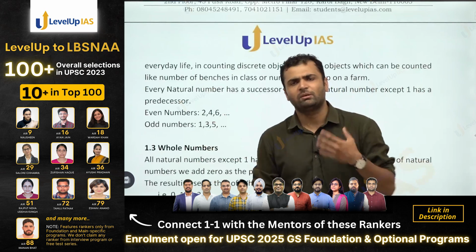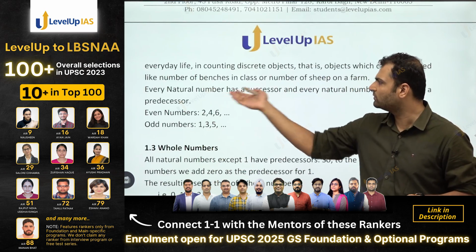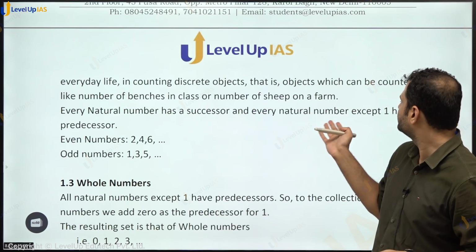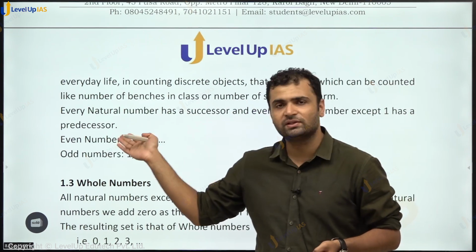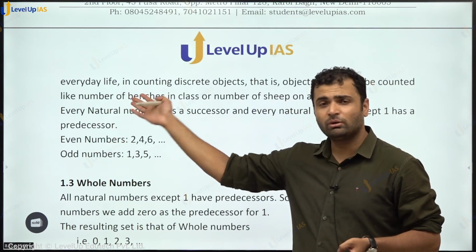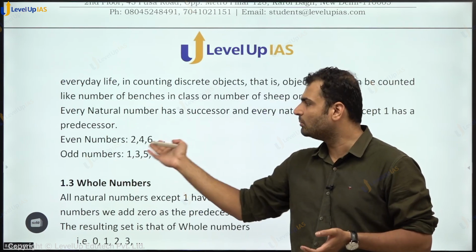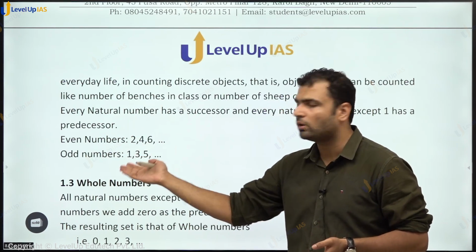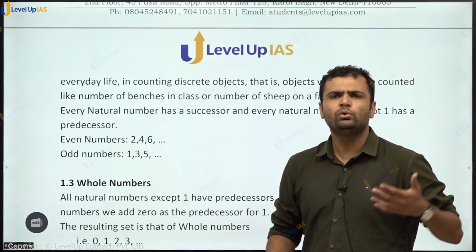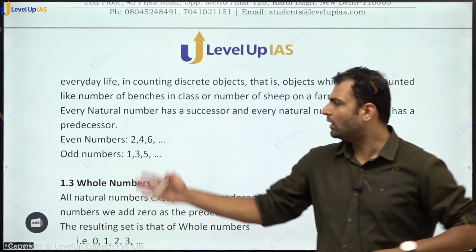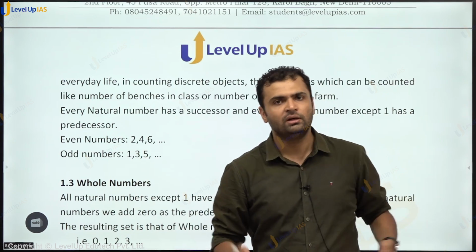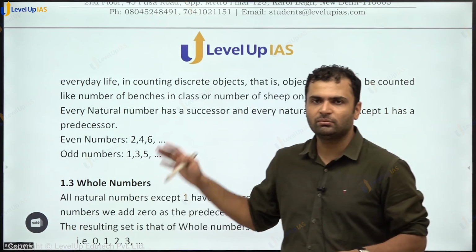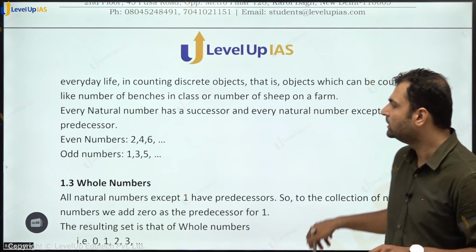The mathematical definition is that these are the numbers which have a successor, and except one, everything has a predecessor. Out of them we are familiar with even numbers, odd numbers, even natural numbers, odd natural numbers. Even numbers are 2, 4, 6, 8, etc. Odd numbers are 1, 3, 5, 7, etc. Even, odd, and natural numbers, we are all familiar with them.